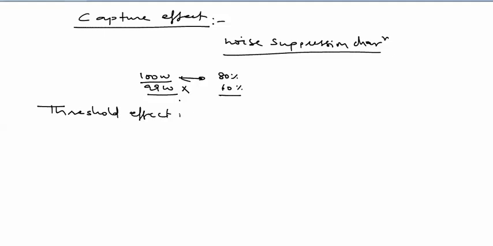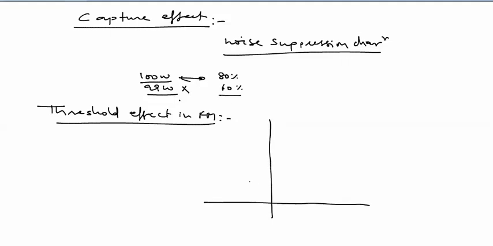Threshold effect in FM. Threshold effect is denoted by this graph with some statement: minimum carrier to noise ratio for which FM noise improvement does not deteriorate significantly.